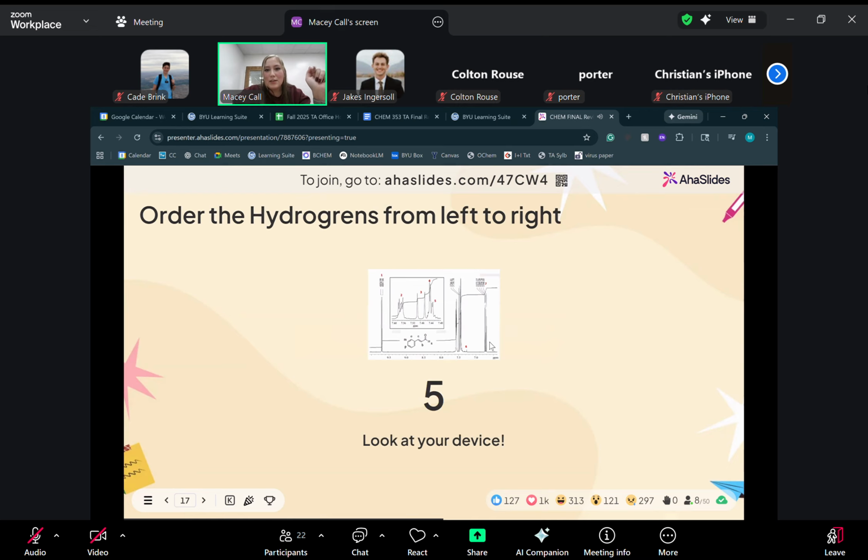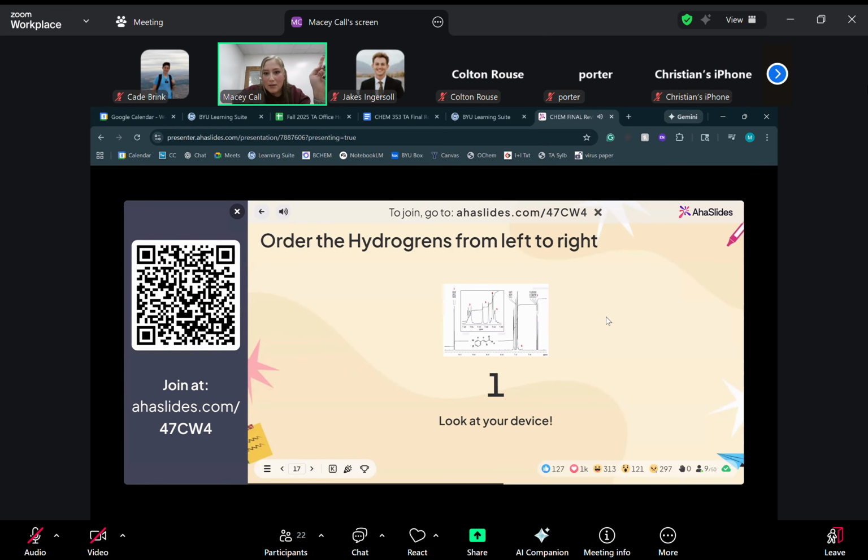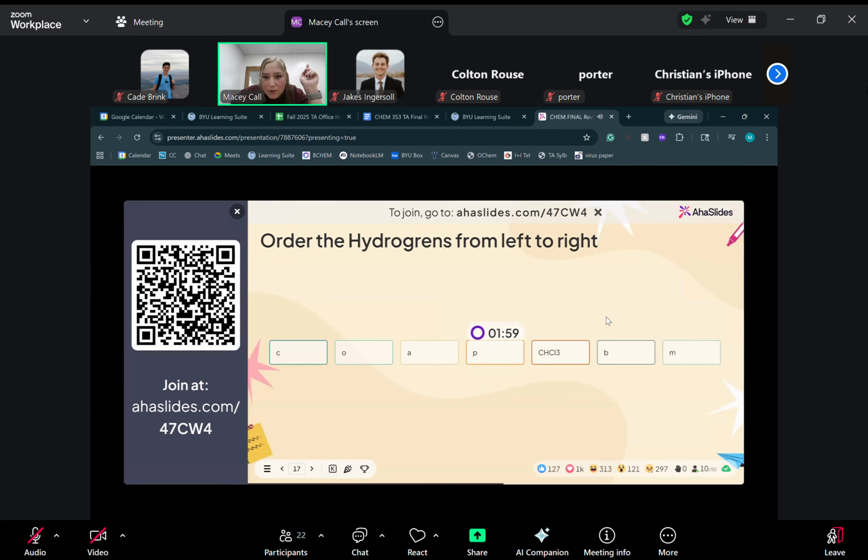So hopefully you guys all looked at the molecule and were able to work through it, and then I can go back to that slide and we can look at it. But my table was wrong, so we're going to ignore that. So what it's going to have you do is order the hydrogens from left to right. So it should correspond to the peaks that you had, right?